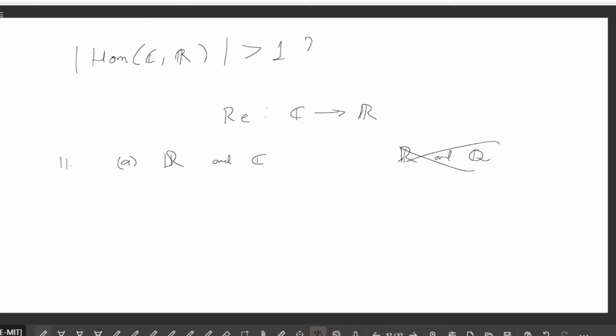This is the additive group, R and C. Previously, in some other context, I mentioned something which is useful for us.